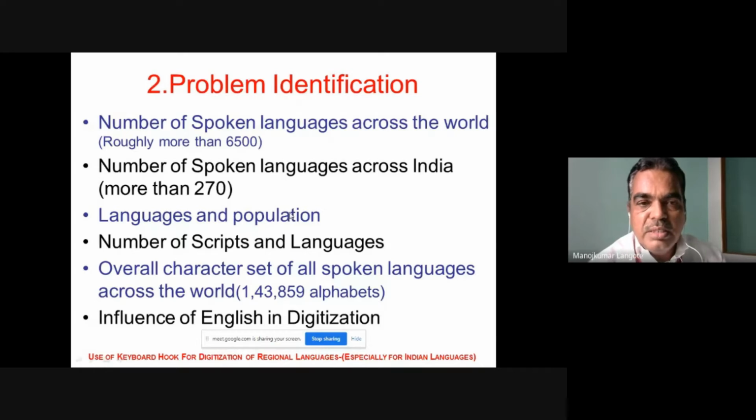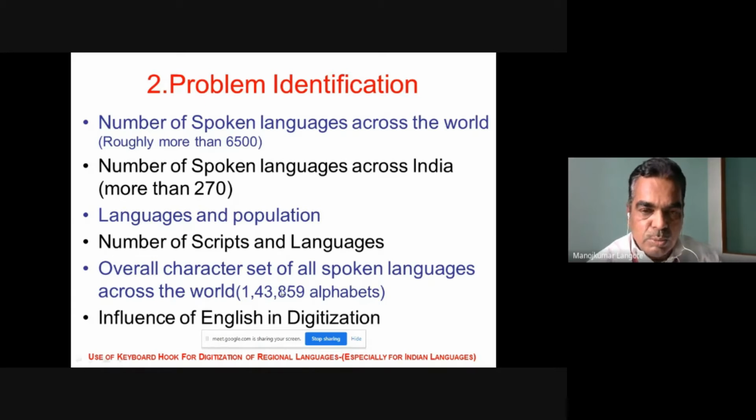Then languages and population, how much population uses the languages. So I will try to explain that part. Then number of scripts and languages, then overall character set of all spoken languages across the world is 1,43,859 alphabets, and this database is growing day by day because new characters are added in this database.